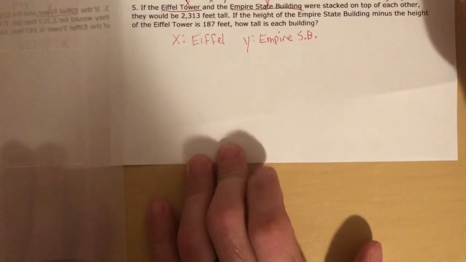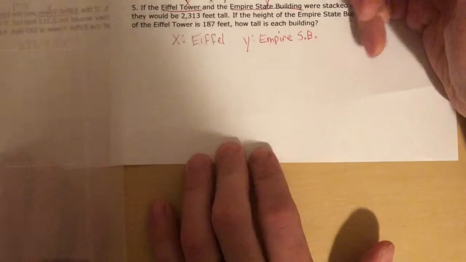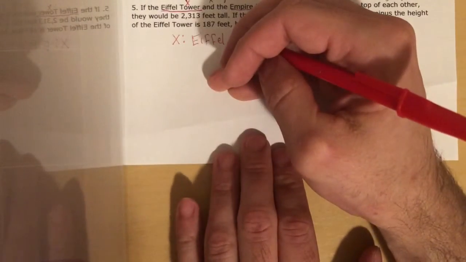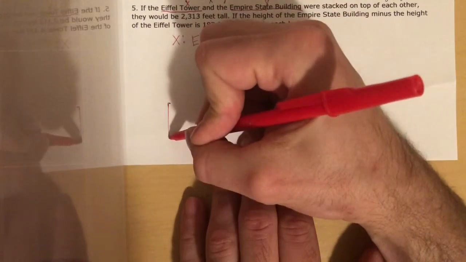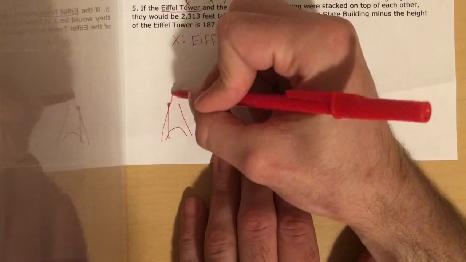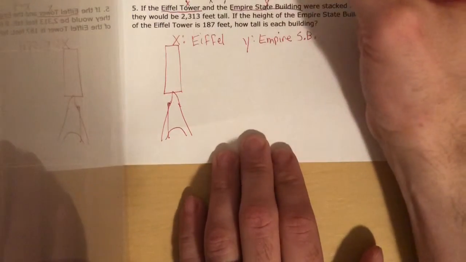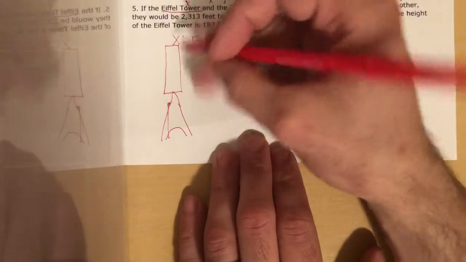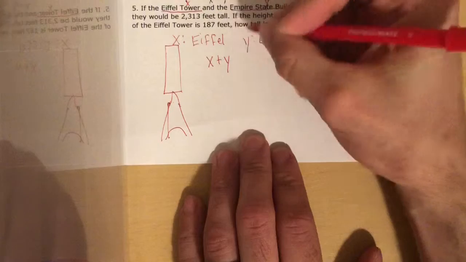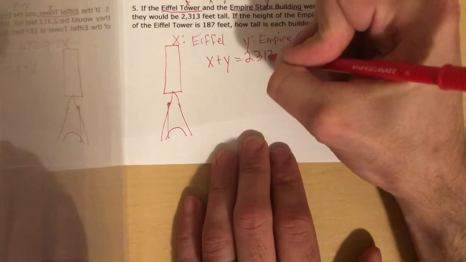So if you're stacking buildings on top of each other, very realistic again, what you would be doing is adding their heights together. Because you would have, I don't know if I can draw it, the Eiffel Tower, then the Empire State Building on top of it. That looks nothing like the Empire State Building. So it'd be their total height. So x plus y equals 2,313.